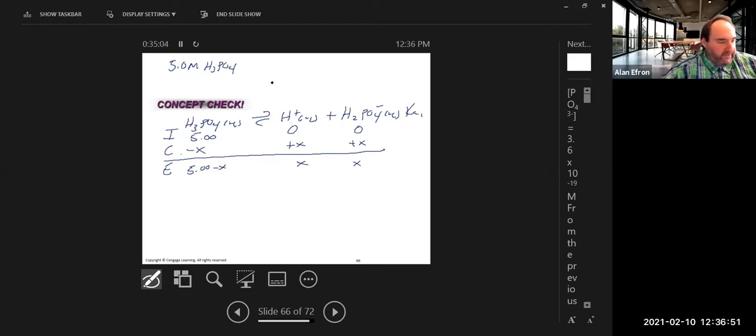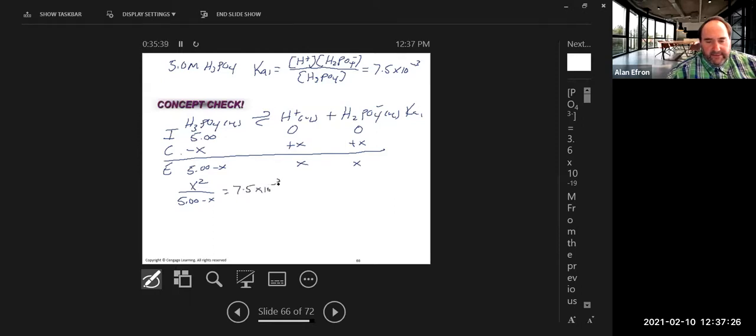Since this is just the first H plus that's coming off, we would do our Ka1 relationship, which is H plus times H2PO4 minus divided by H3PO4. And that is going to equal our Ka1 that we could get from that table or the problem, which was 7.5 times 10 to the minus 3. Just like we've done before, we're going to put our stuff in. So that's going to give us x squared divided by 5 minus x equals 7.5 times 10 to the minus 3.